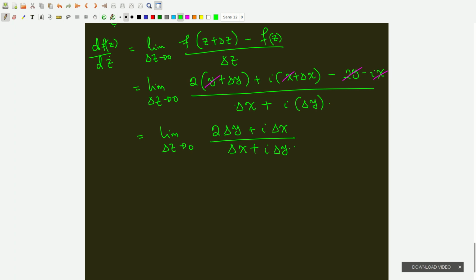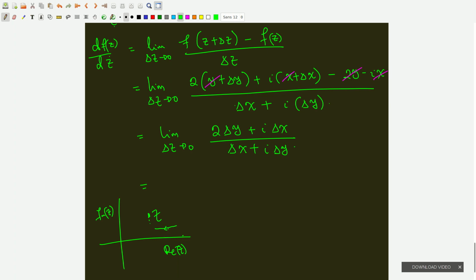Now for this one, it's quite straightforward. We can try out different directions. For instance, remember we have the real part of z, and then we have the imaginary part of z. Let us approach that complex number along a direction which is parallel to the real axis.